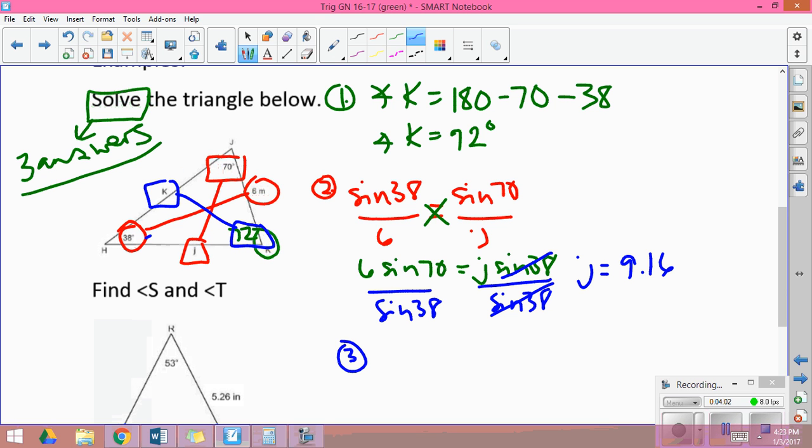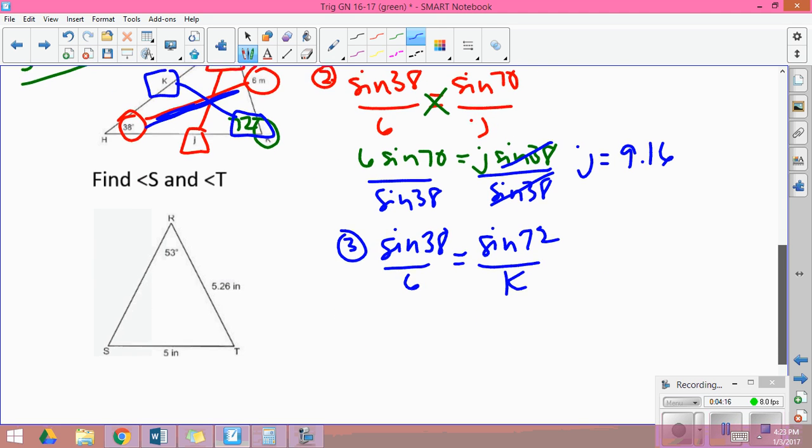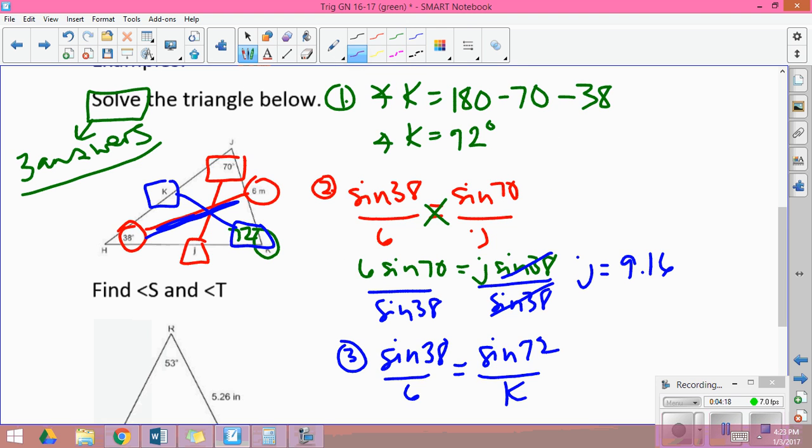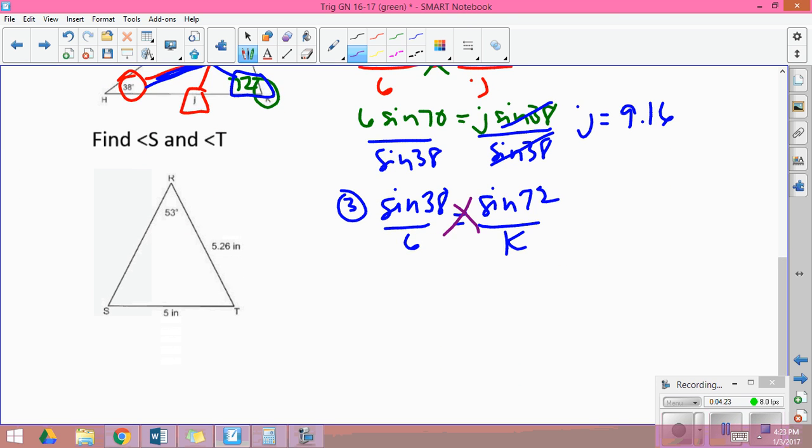So I'm going to start with what was given here. Always use the given if you can. The sine of 38 over 6 would be equal to the sine of 72 over the side I don't know. And again, we're going to cross multiply. And so we'll have k sine 38 equal to 6 sine 72.